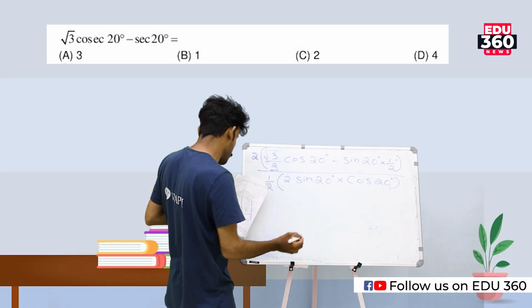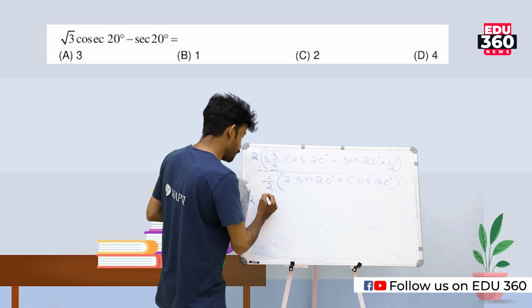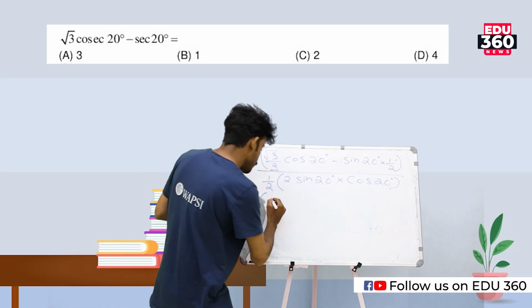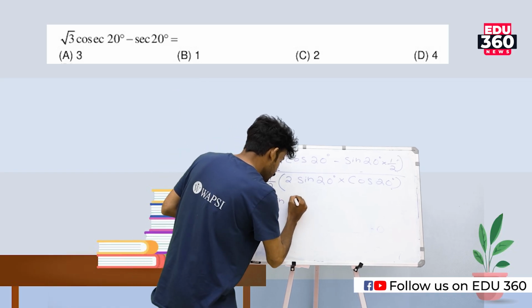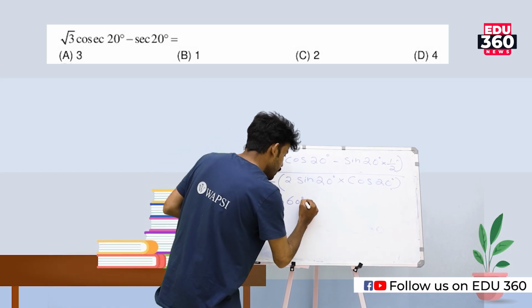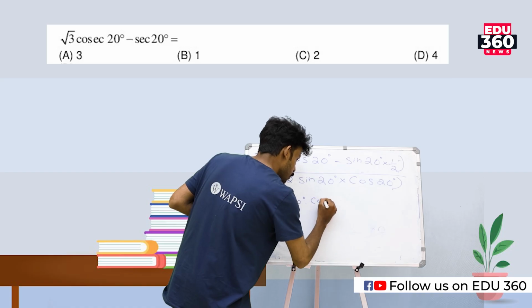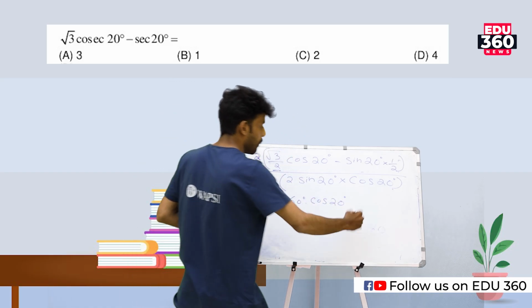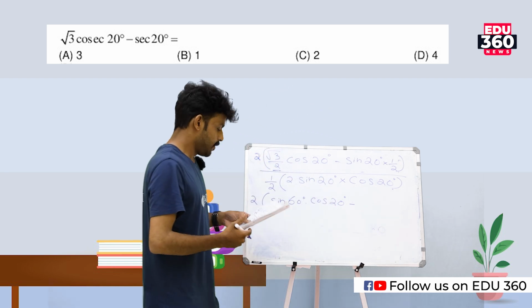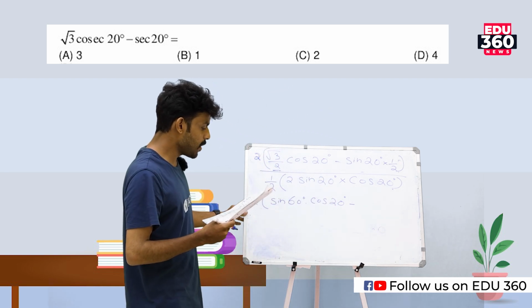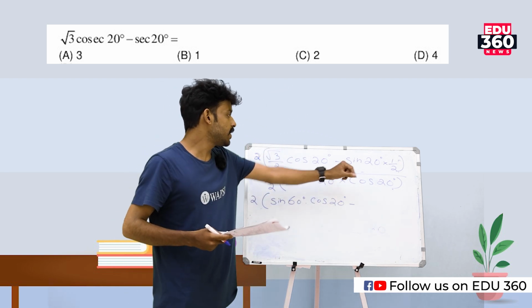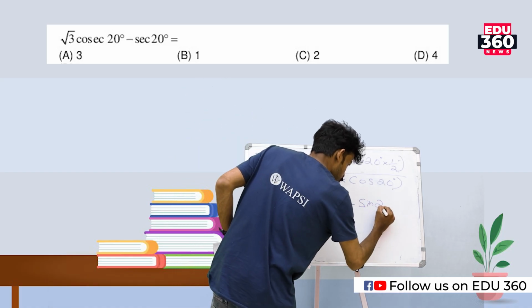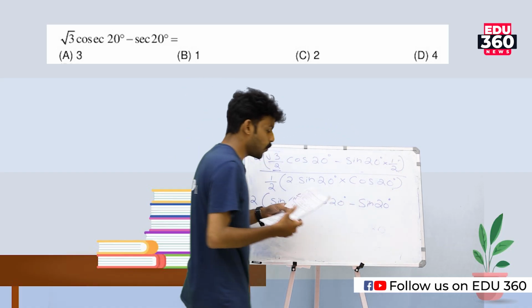So 2 into sine 60 degree into cos 20 degree, minus, look at here, sine 20 degree into 1 by 2.